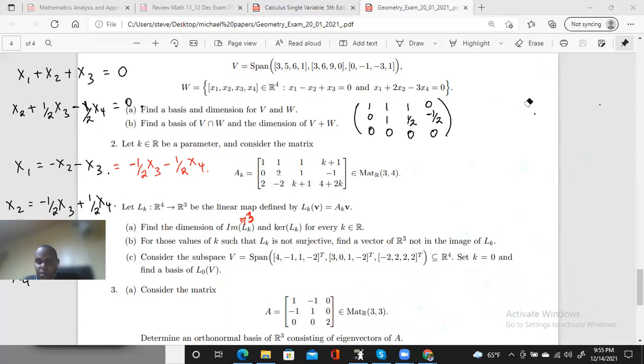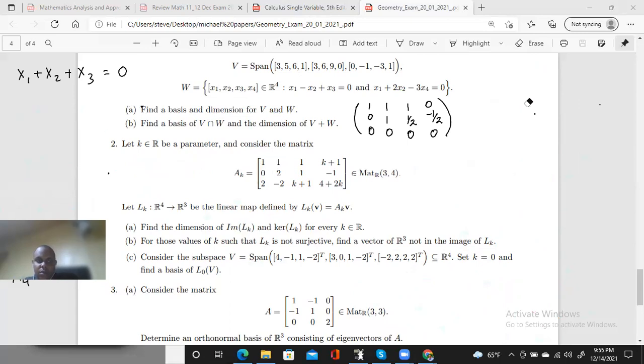And then they say find the vector in R3 not in the image of Lk. To be not in the image of Lk means that it is not surjective.